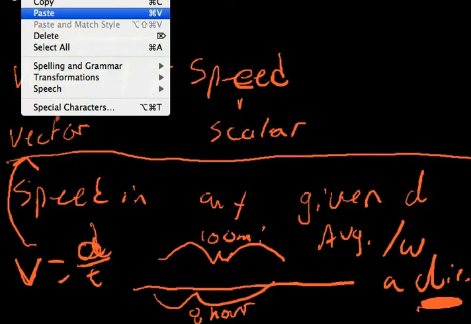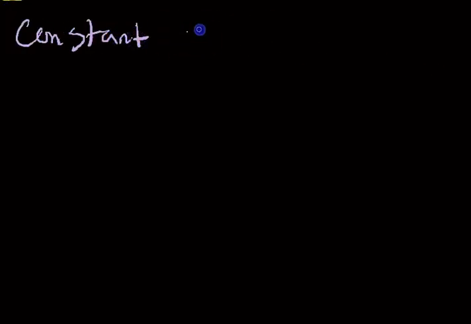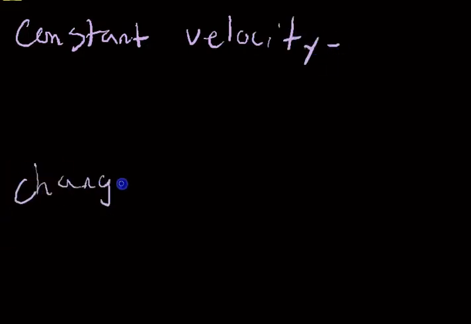Now there's also, like with speed, two branches of velocity that are important to know. So the first being constant velocity. Constant velocity, and the next being changing velocity.